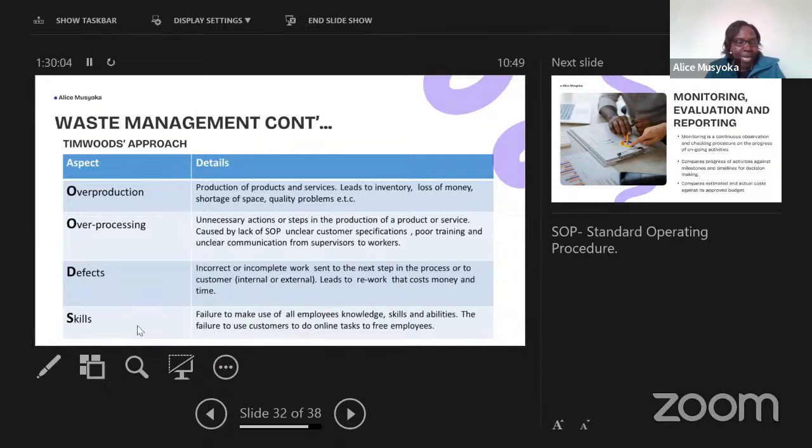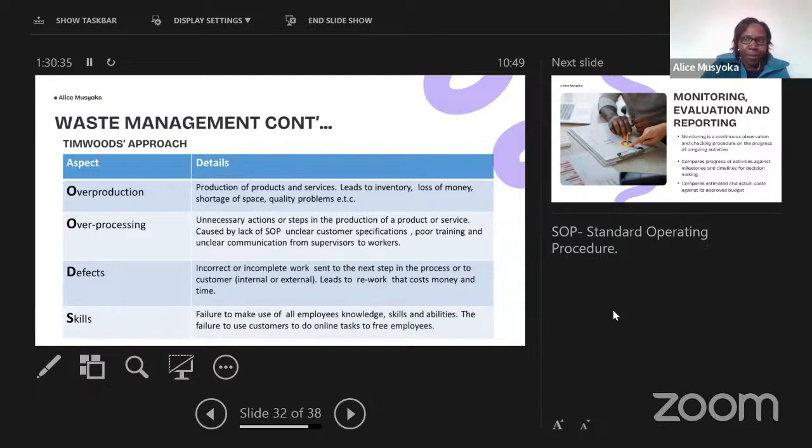We can also have a waste in terms of skills if we deploy people in the wrong roles to perform the wrong jobs. By wrong, I mean a job for which they are not qualified, and yet they are qualified in another role, and we are not deploying them into that role. So that would lead to a waste of the skills.